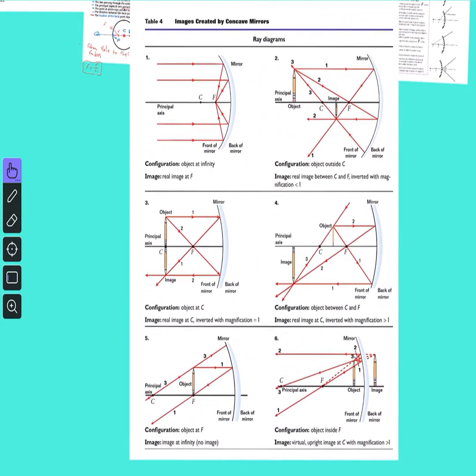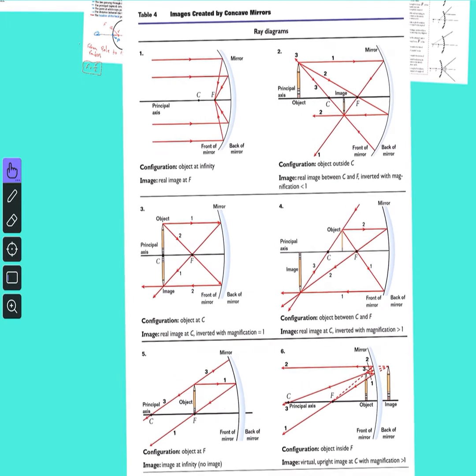Guys, have a look at this one. If you remember, I said we have 6 types of image formation for the concave mirror. We will start one by one. Look, for example, you have the concave mirror. That is the first case.